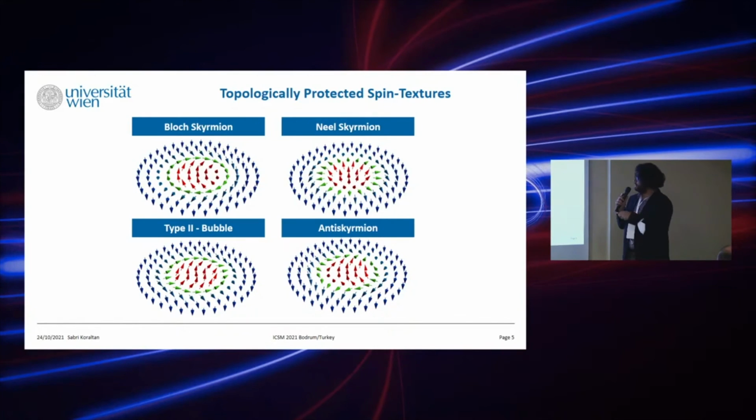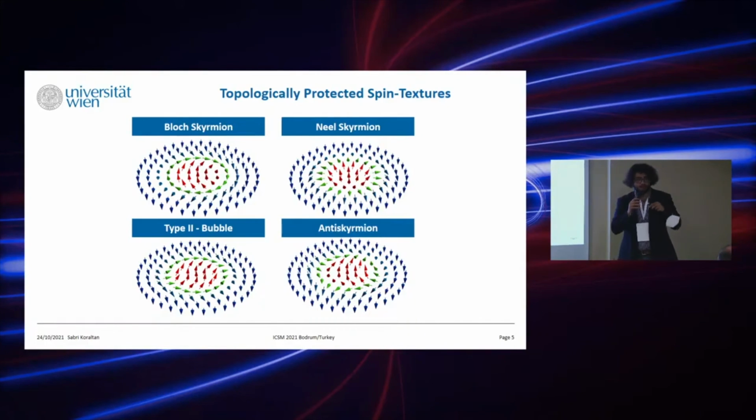If you have skyrmions and anti-skyrmions, they would scatter into each other, they would bump into each other. They don't annihilate like the vortex and anti-vortex pairs in superconductivity, because they have these different spin textures, which create different magnetic fields around them, and then they repel each other.